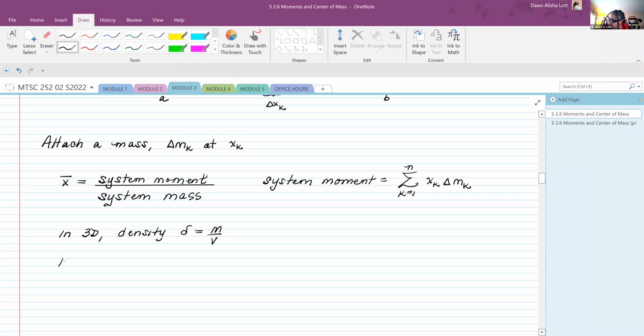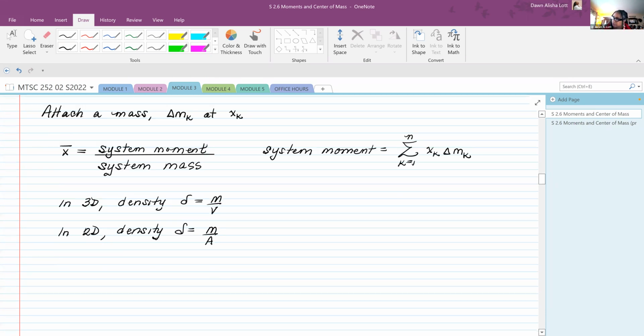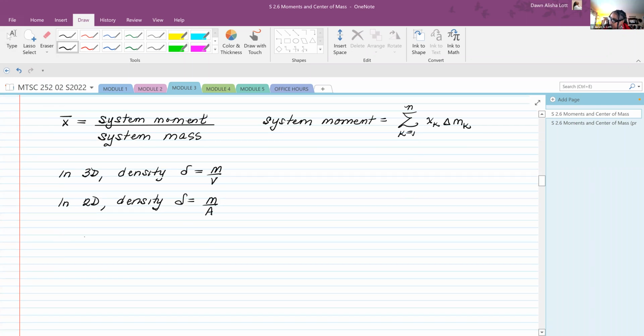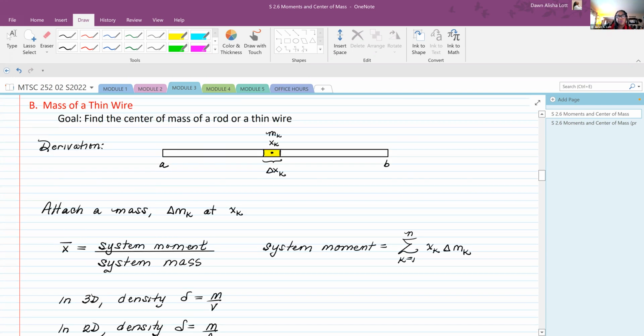In 2D, density is mass per unit area. But in 1D, density is mass per unit length. And for us, our length is delta xk.